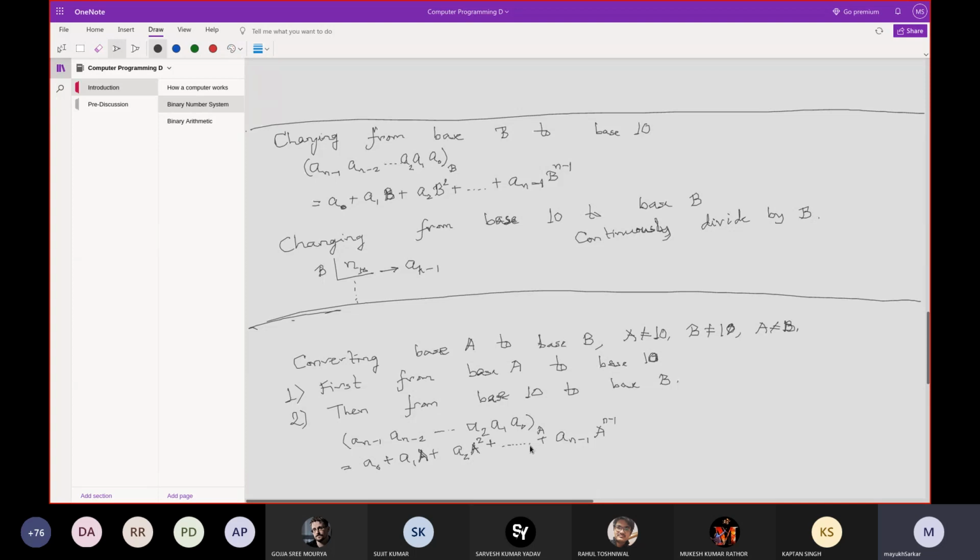So this is for converting from base A to base 10, because this addition and multiplication are happening in base 10.